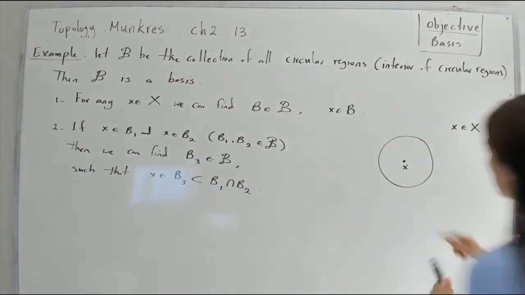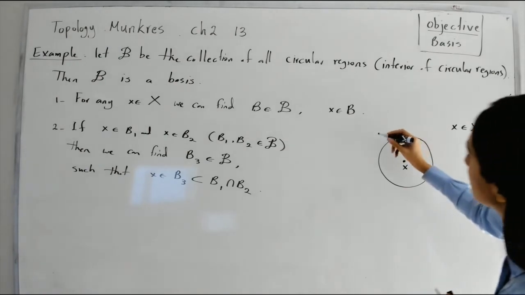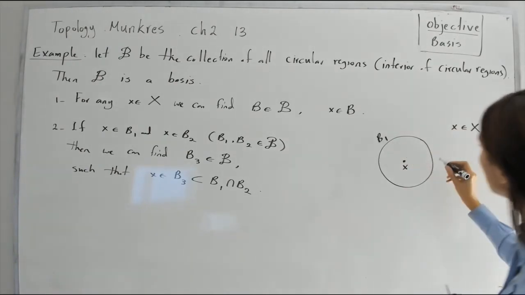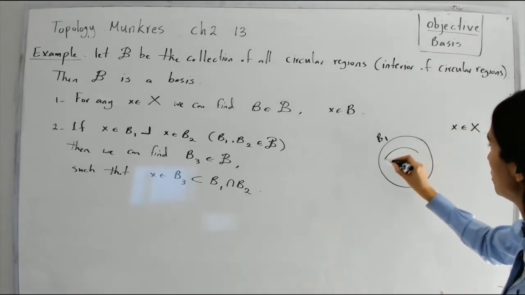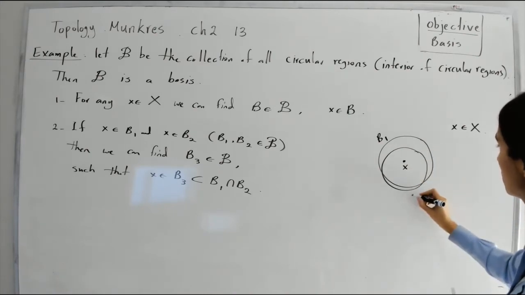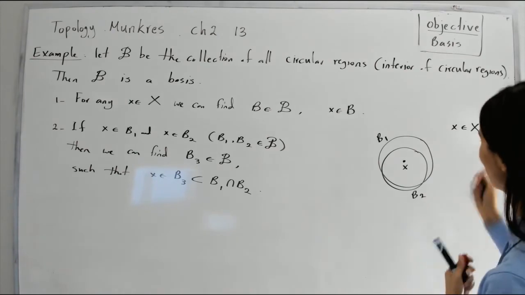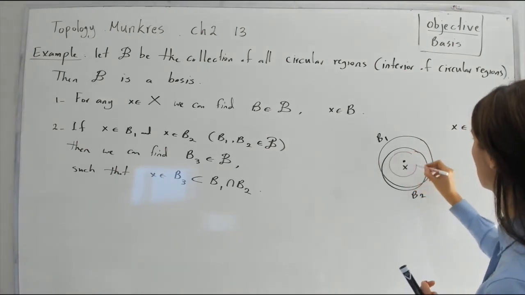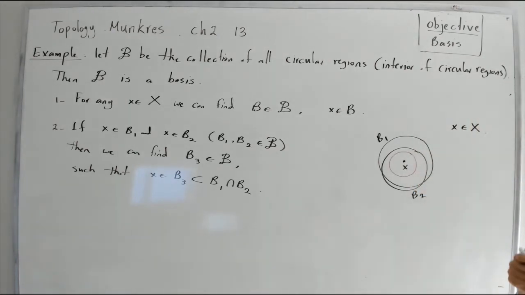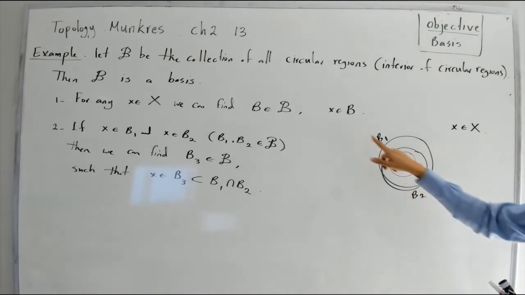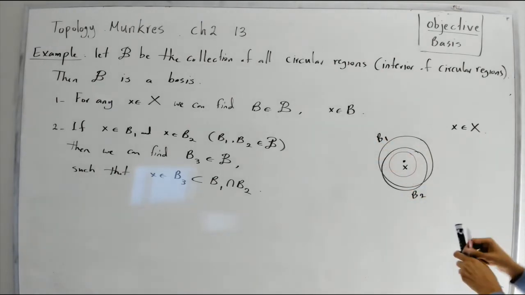Okay, suppose X belongs to B1 and also X belongs to B2. So of course we can find B3, which is a subset of the intersection of B1 and B2.